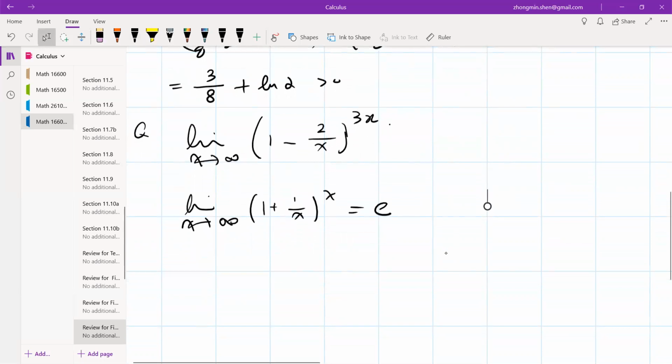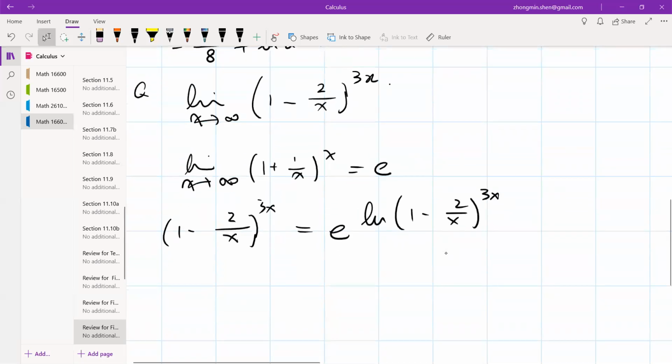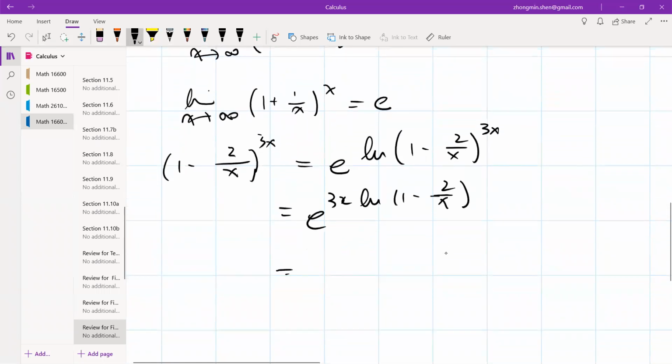Okay, let's use the same idea. So this is 2 over x, 3x. How do you find the limit? You have to put e to the natural log, then you take the 3x down. I'm going to leave the 3 here on the side and put 1 over x there.